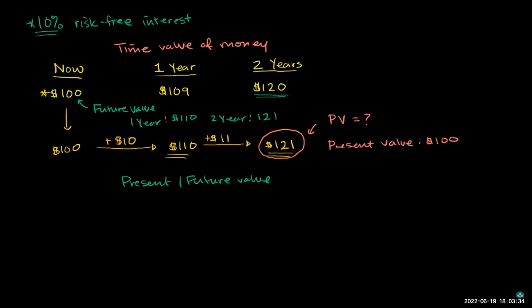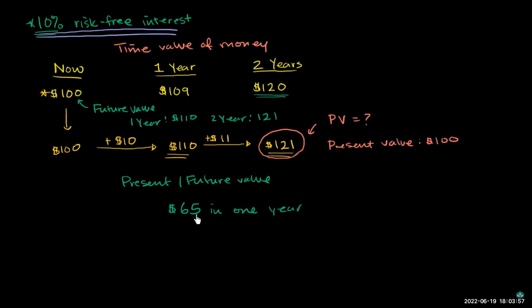And with that in mind, let me give you one slightly more interesting problem. Let's say we're going to assume this the whole time, that makes our math easy, 10% risk-free interest. And let's say that someone says they're willing to give us $65 in 1 year.